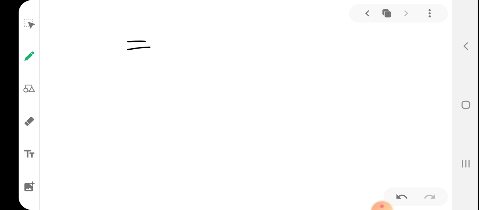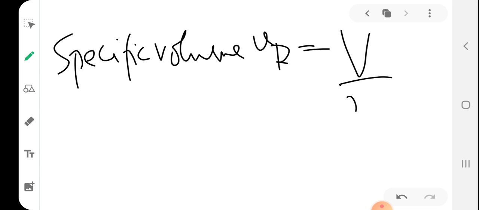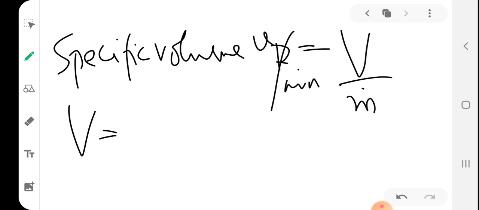You know, specific volume of refrigerant, small v, is equal to capital V by m dot, right? So per minute means m dot. So capital V will be equal to m dot into small v.